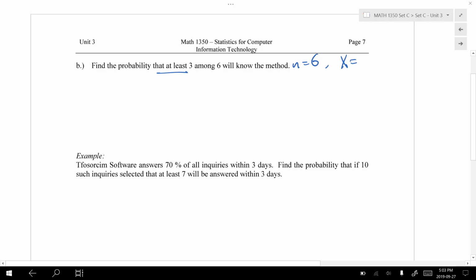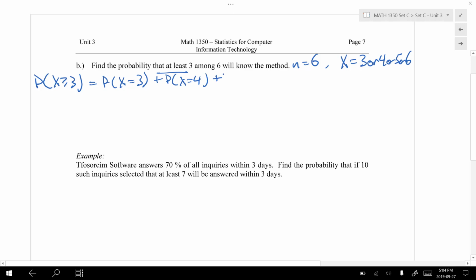Our x here is a range now, or a collection of different outcomes. So we could have x equals 3 or 4 or 5 or 6. We could go and compute the probability of exactly 3, exactly 4, exactly 5, and exactly 6, and add them all together. That would be one way to do this.